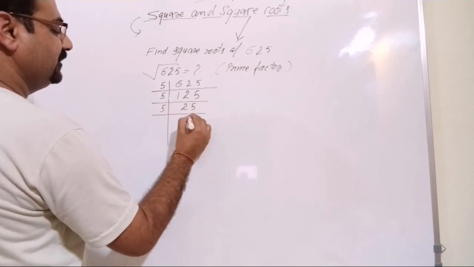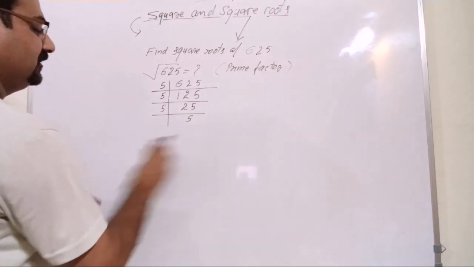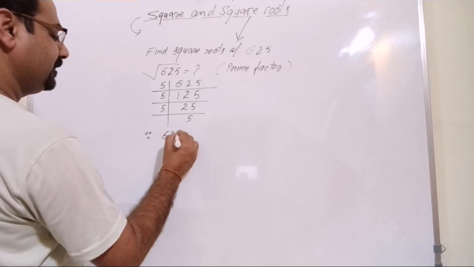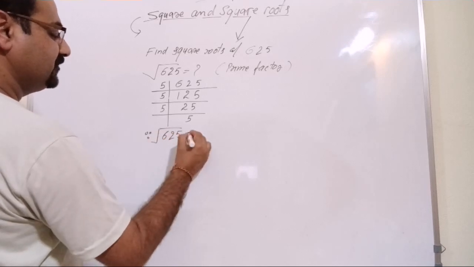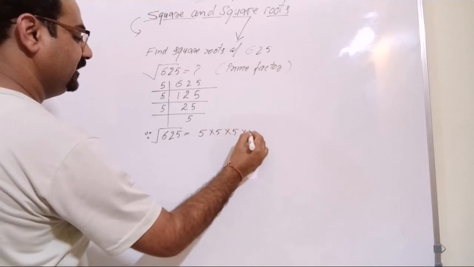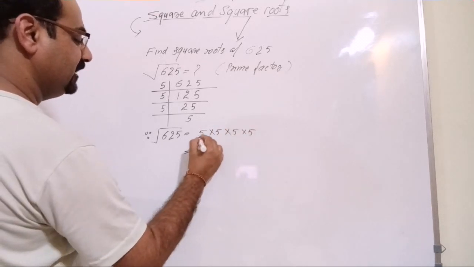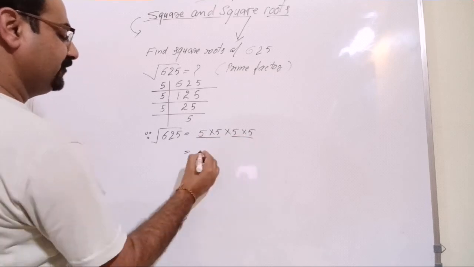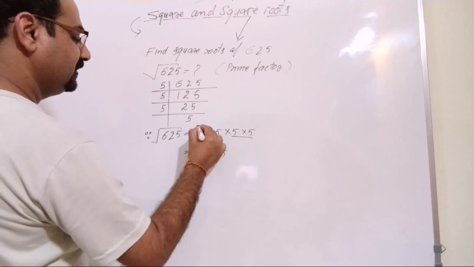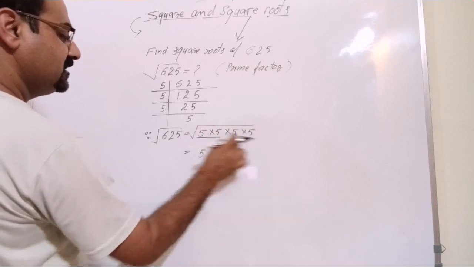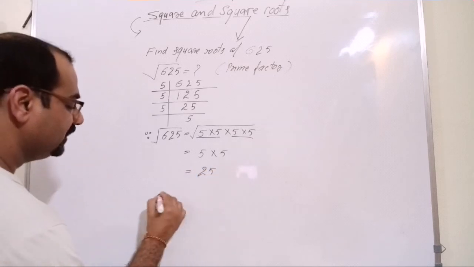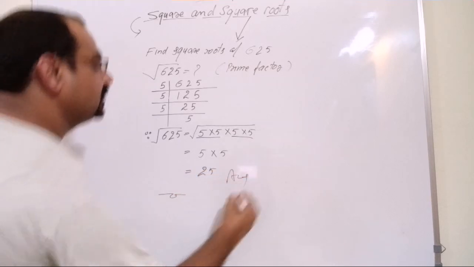Again 5 fives are 25. Now the prime factors of 625 are 5 into 5 and 5 into 5, then when we make the groups of these, this is equal to 5 into 5, we take the root sign on those numbers, and this is equal to 25, and this is the answer of your question.